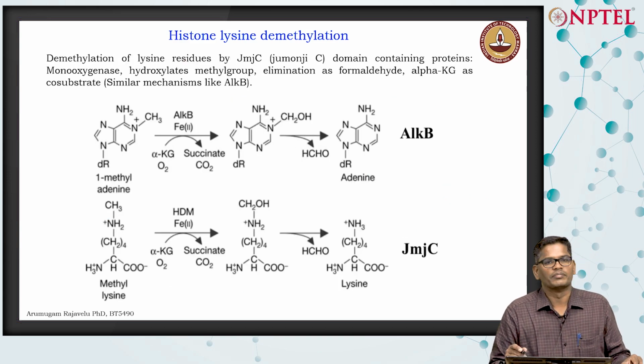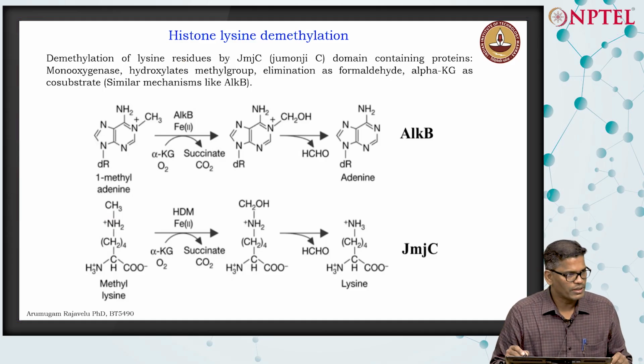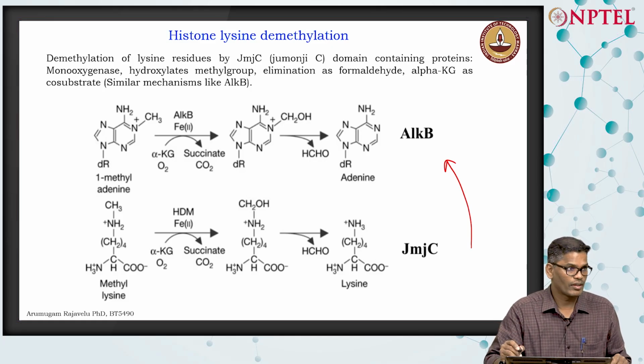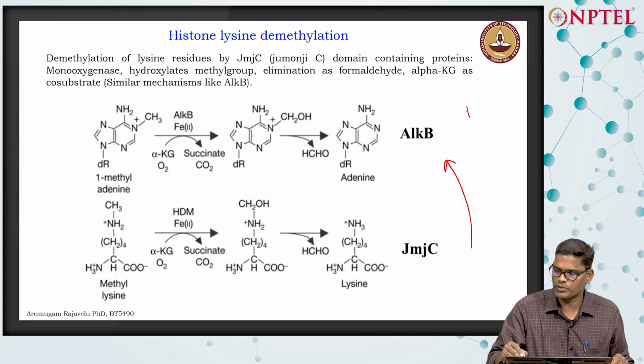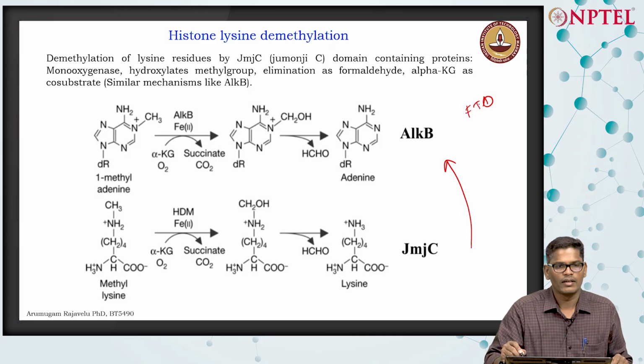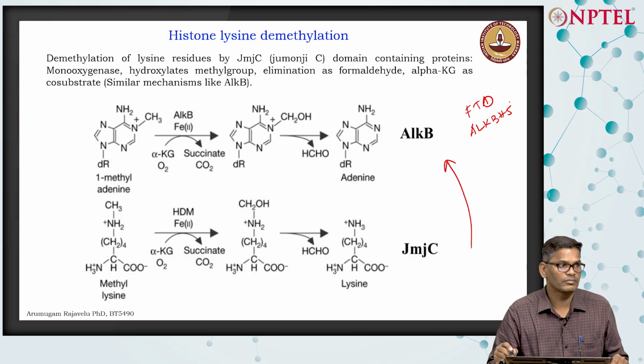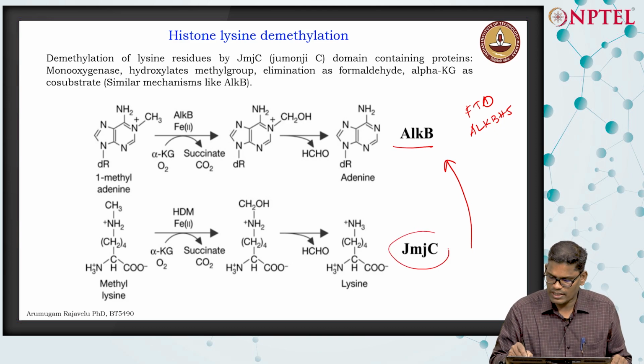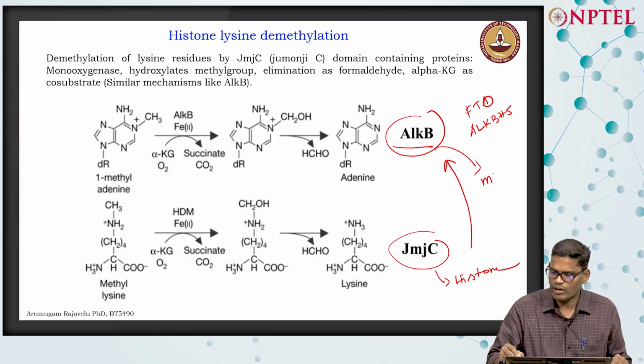Whereas the Jumonji family of demethylases follows a mechanism similar to the adenine demethylases. If you recollect the adenine demethylases, I mentioned FTO, the fat mass and obesity protein, and second, ALKBH5 protein. So both the Jumonji proteins, which act on histone proteins, and ALKBH act on mRNA.